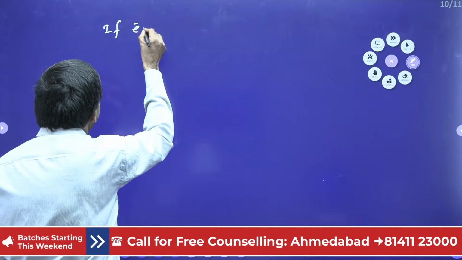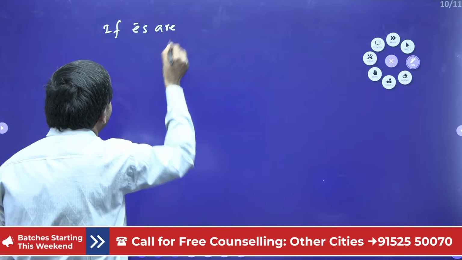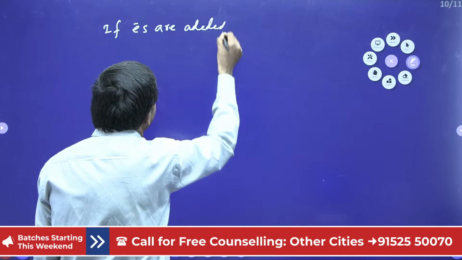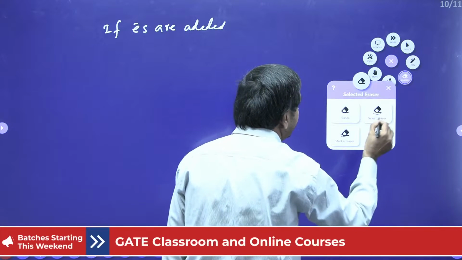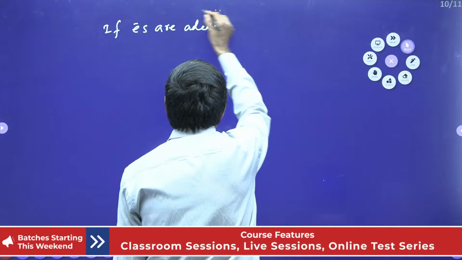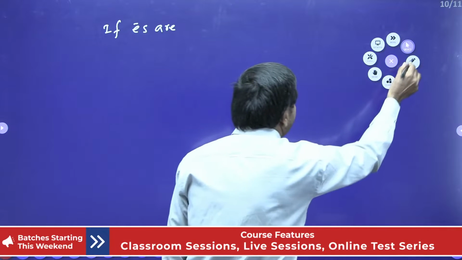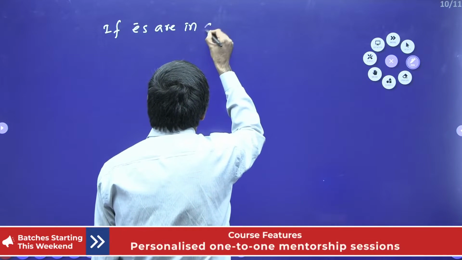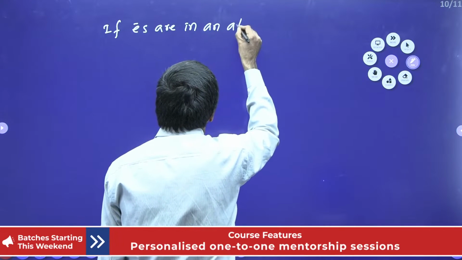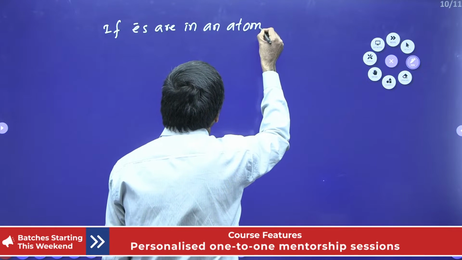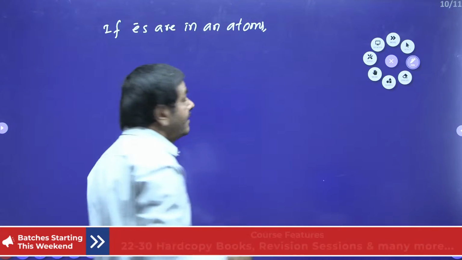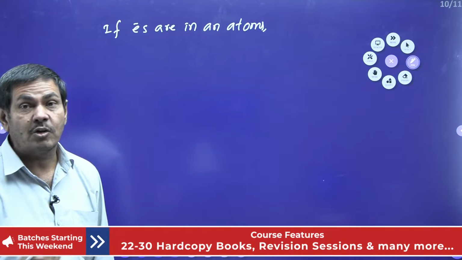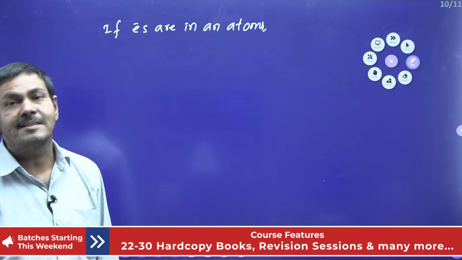If electrons are added in an atom, what dominance can we find? Electrons are added means the dominance of electrons is mostly possible.